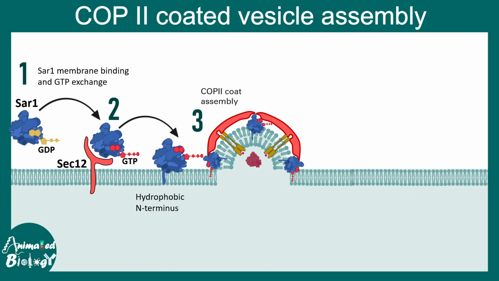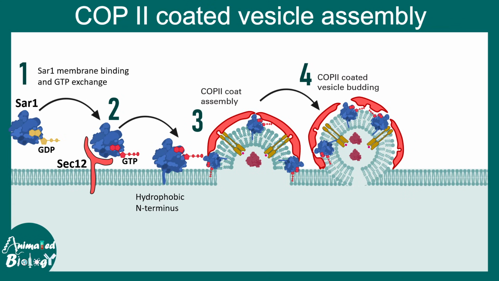Now you can see the receptors or the soluble proteins which are supposed to be trafficked using these vesicles are already encapsulated by this small membrane bump. Eventually the membrane becomes curved. BAR domain containing proteins are those kinds of proteins which form membrane curvature. Eventually these proteins help in forming a complete bud which is encapsulated with the COP2 coat, and eventually it buds out.